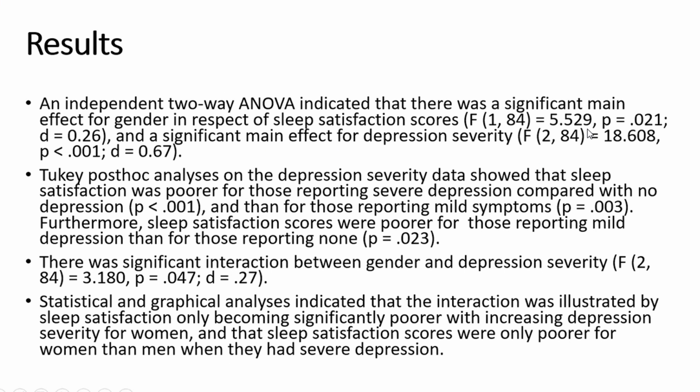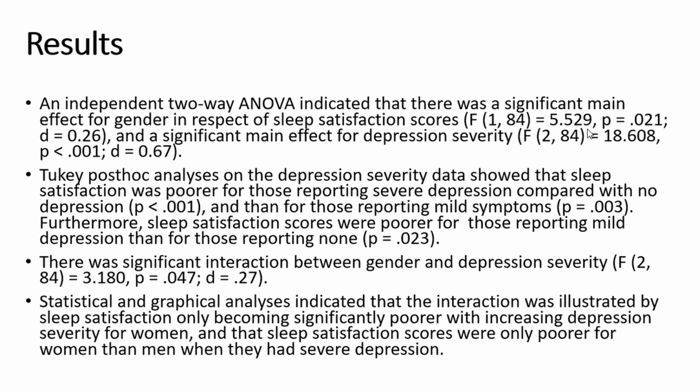So we have got the results and we will report them like this. An independent two-way ANOVA indicated that there was a significant main effect for gender in respect of sleep satisfaction scores with p-value 0.021 and a significant main effect for depression severity.